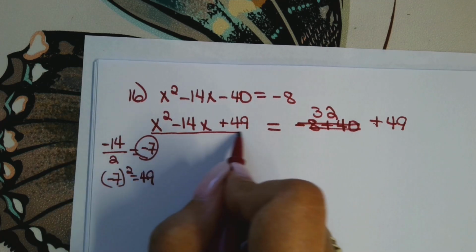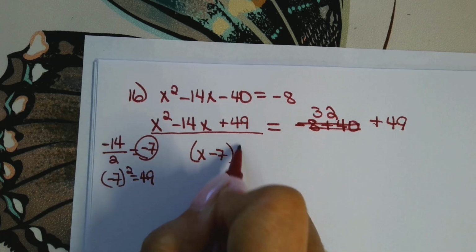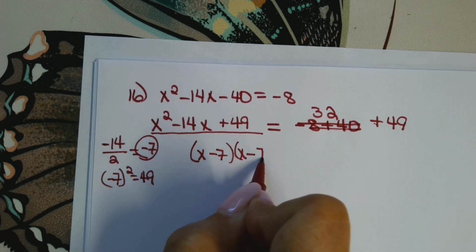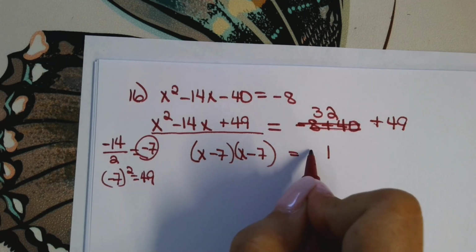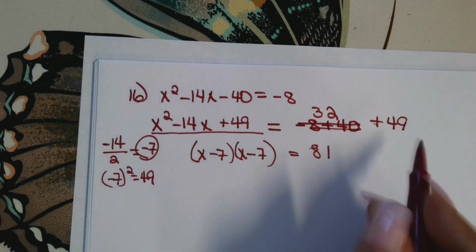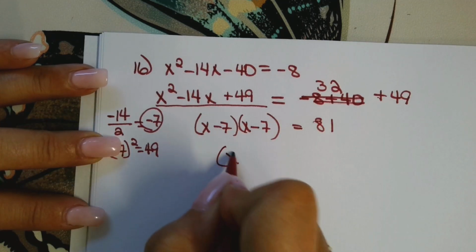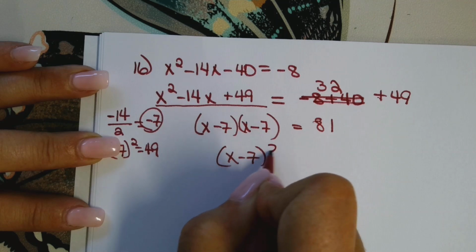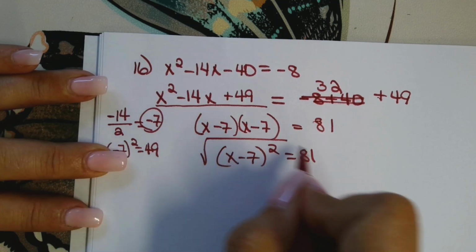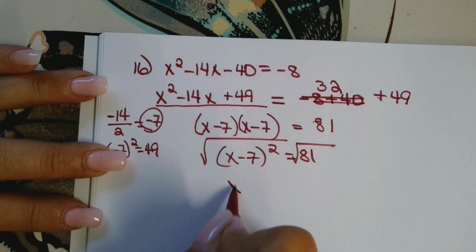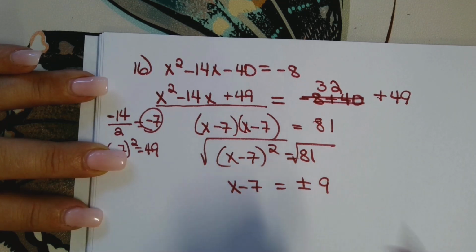This is a perfect square trinomial. It is x minus 7 times x minus 7. And this is going to give me 81, 32 plus 49. So this is really x minus 7 squared equals 81. We are now ready to take the square root of both sides. X minus 7 equals plus or minus 9.